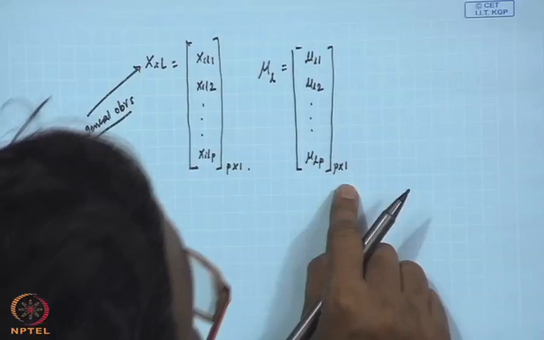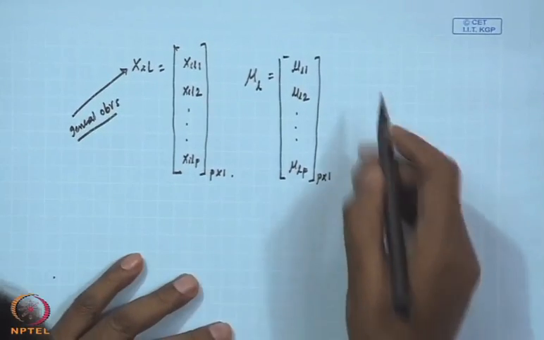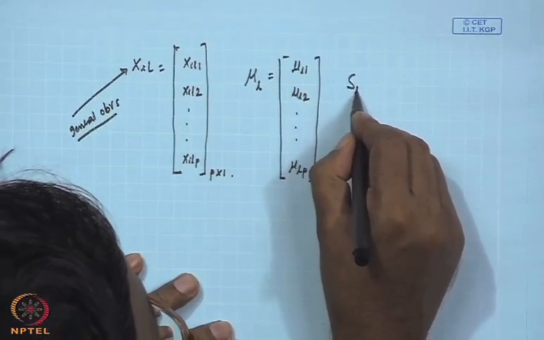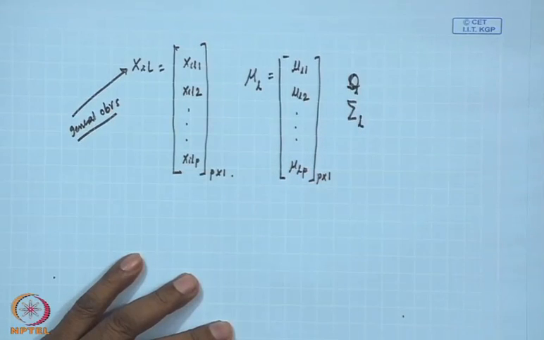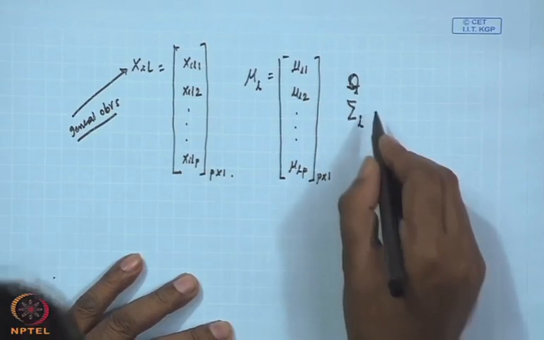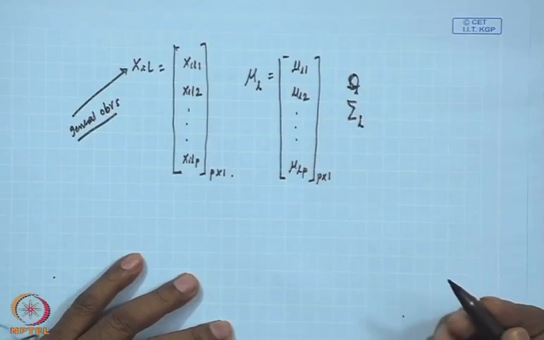And as there are p variables, there will be one covariance matrix, sigma L, instead of S, which we write when we take the sample.